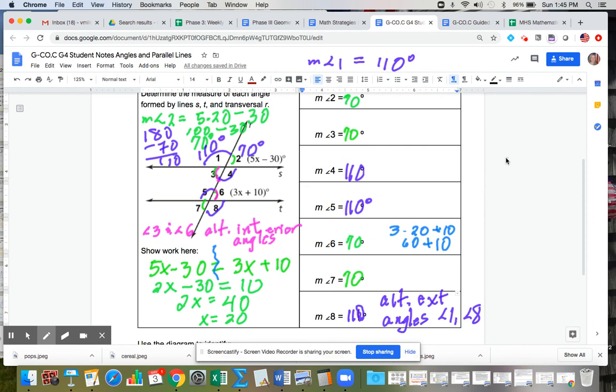Now, how I got the measure of my first angle, remember, was I noted, oh, these are 2 acute angles, therefore they must be equal. I used what I know about solving equations. I solved for x. Once I got my 20 for x, I plugged 20 in place of x here. 5 times 20 is 100. 100 minus 30 is 70. And I just completed the rest of the diagram and the rest of the missing angles from there.